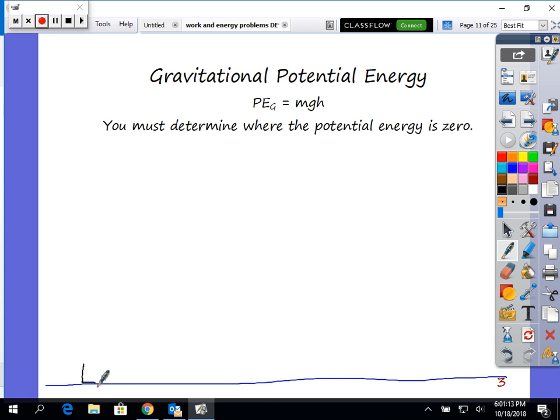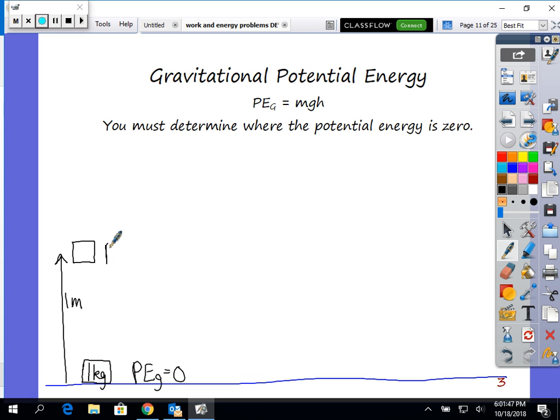If I have a block on the floor, and this block has a mass of 1 kilogram, I can say when it's on the floor, it's all the way down. The gravitational potential energy is 0 here. And then I lift it up 1 meter. If I drop it from up here, it's going to change this potential energy into kinetic energy as it comes down.